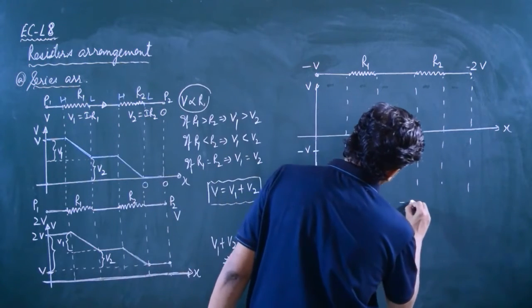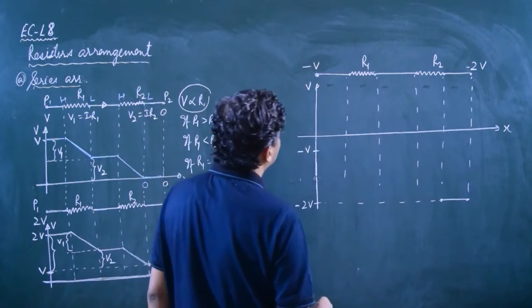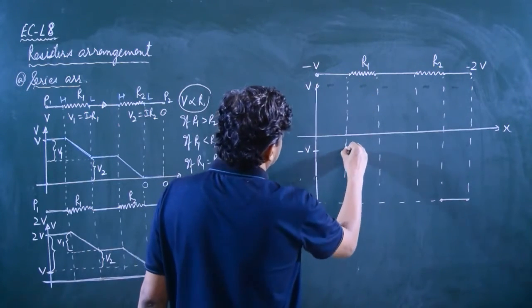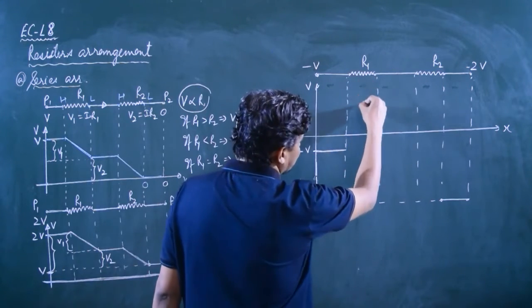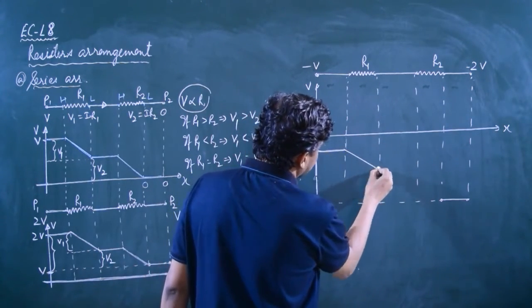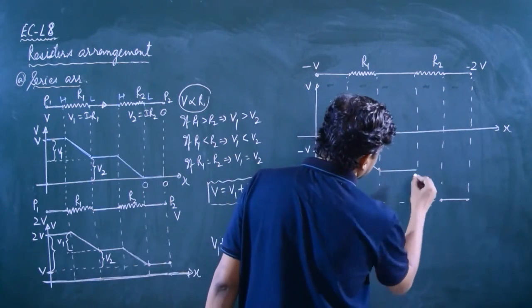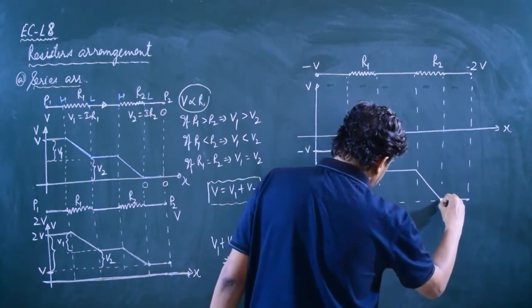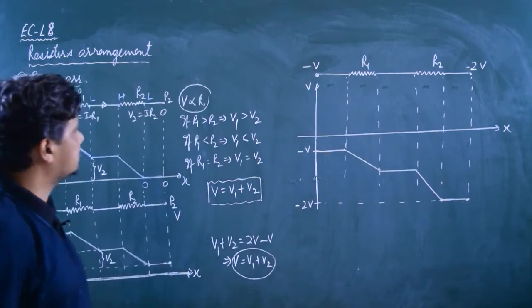So for this end here the potential is minus 2V and minus 2V. Now here potentials are equal. Here the potential drops from the higher potential end to the lower potential end. Now here the potential is constant, again it drops and comes to this point. Now it is the potential position graph for the arrangement.